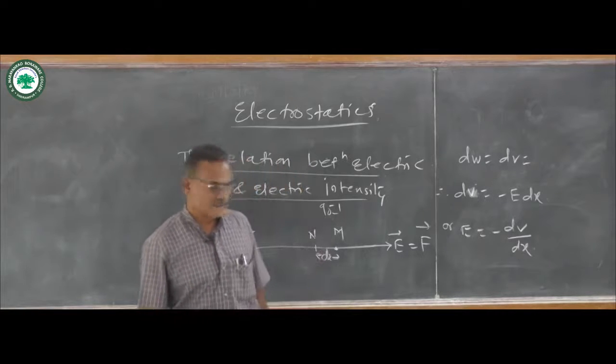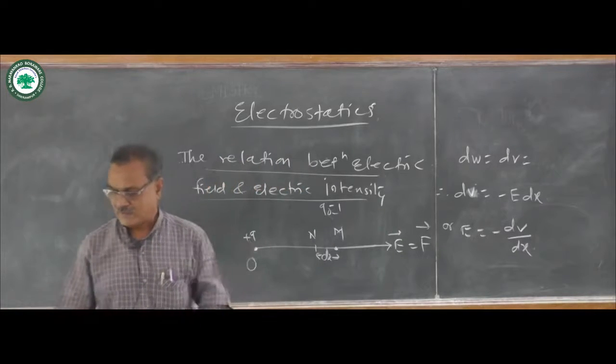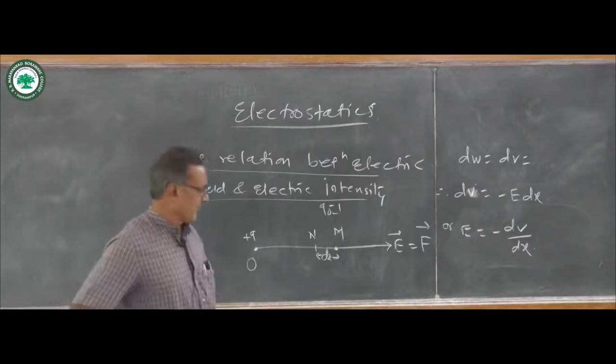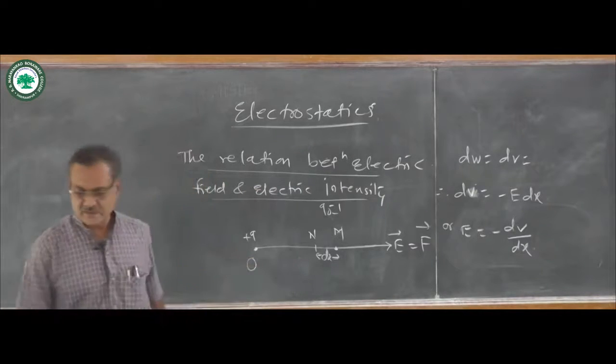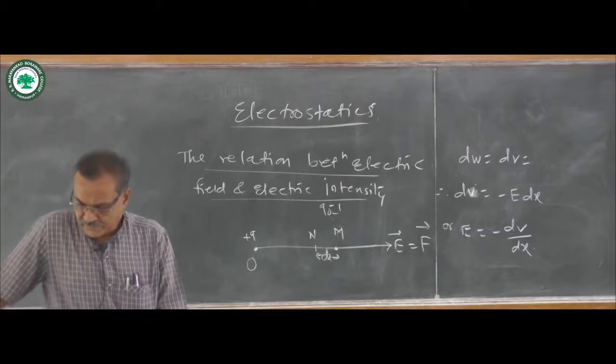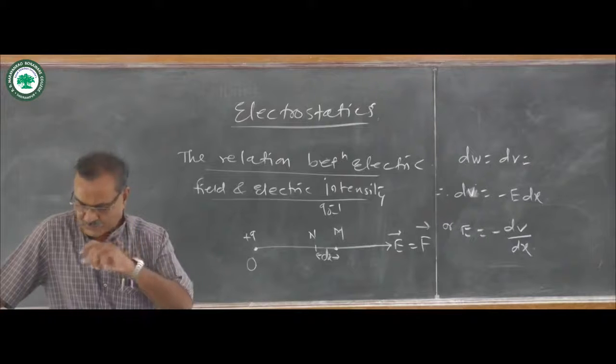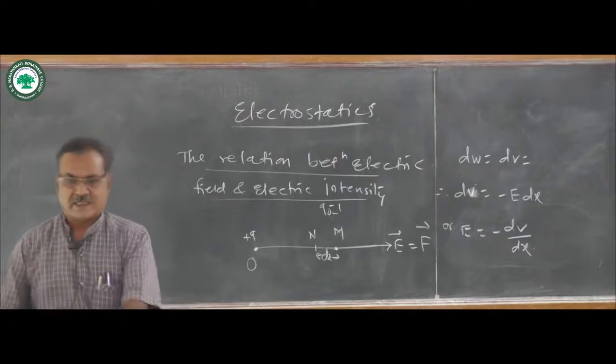Therefore, E equal minus dV by dx. Thus, the electric field at a point in an electric field is the negative of the potential gradient at that point.